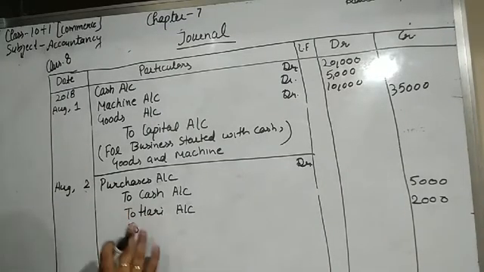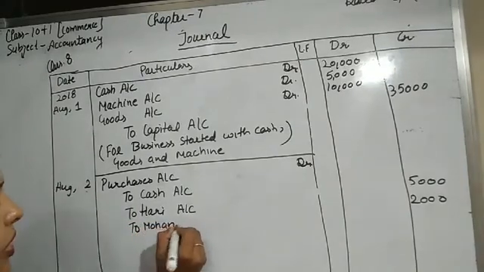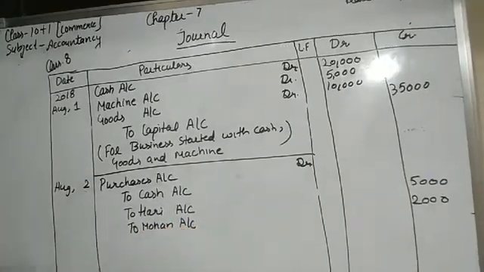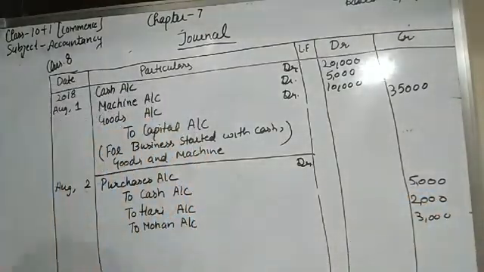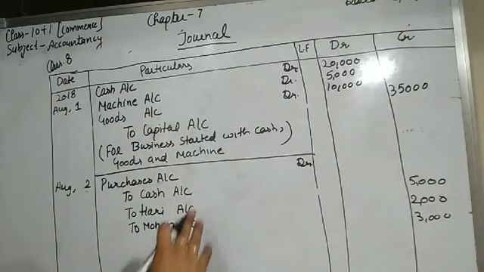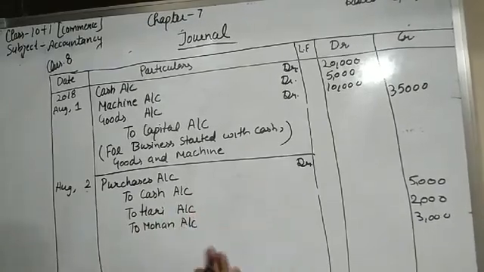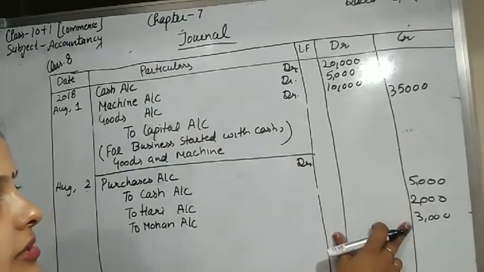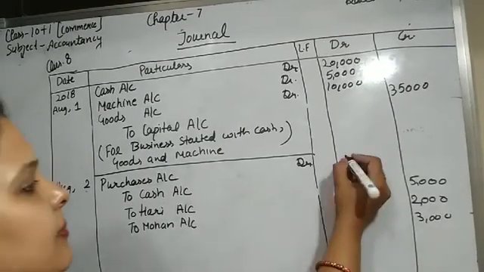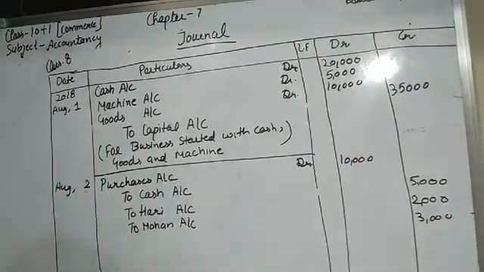So the entry is purchases account debit to Mohan account, and the amount of goods purchased is rupees 3,000. And the total of cash account plus Hari account and Mohan account, 5,000 plus 2,000, 7,000, and 7,000 plus 3,000 is 10,000. So the purchases account will be debited with 10,000.